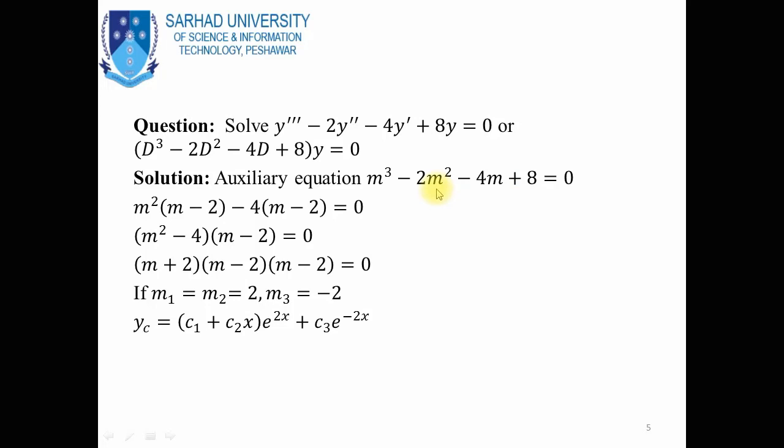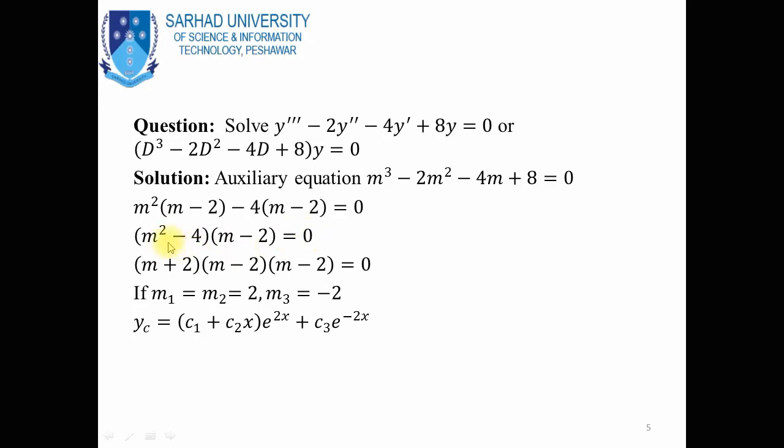So by factorization, taking m^2 common from these two terms, we can write m^2 (m minus 2), and taking common minus 4 from these two terms, minus 4 (m minus 2) is equal to 0, and we can write this equation as (m^2 minus 4)(m minus 2) is equal to 0.